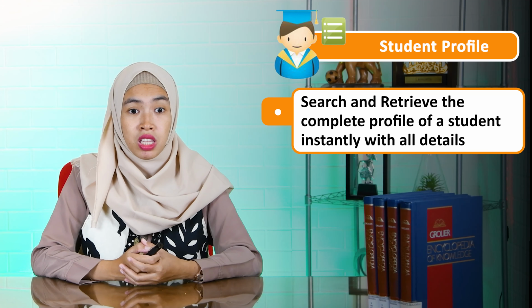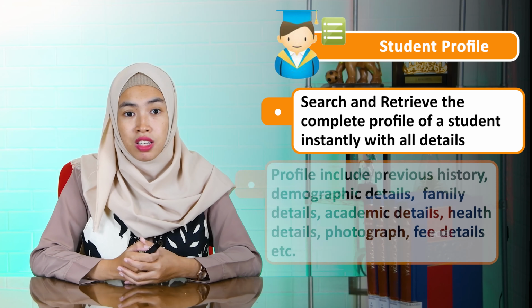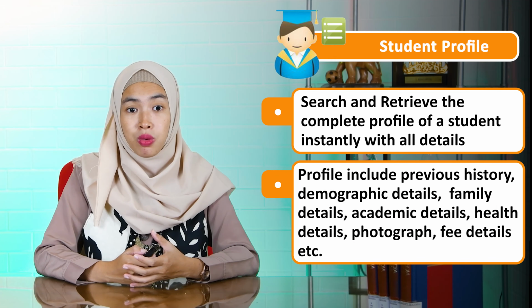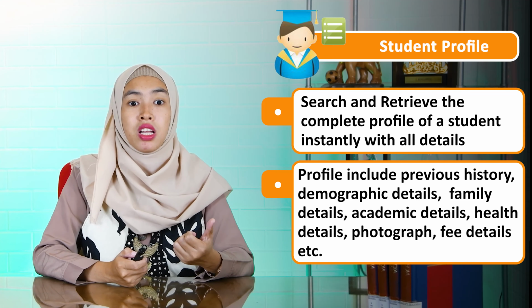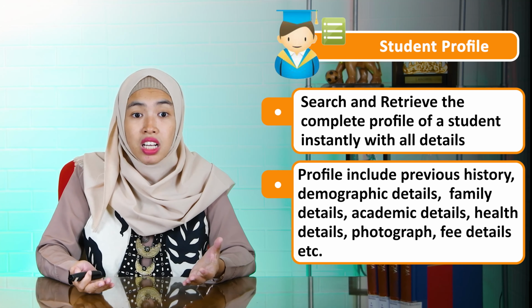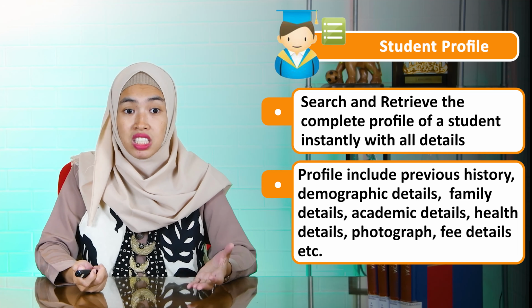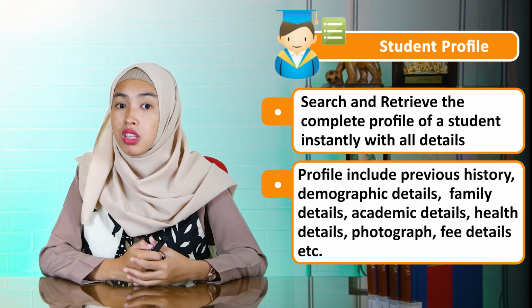Okay, so this student profile will provide comprehensive and exhaustive coverage of the student with detailed data elements. For example, it covers previous history, demographic details, family details, academic details, health details, photograph, and also it will tell you about the fee details.